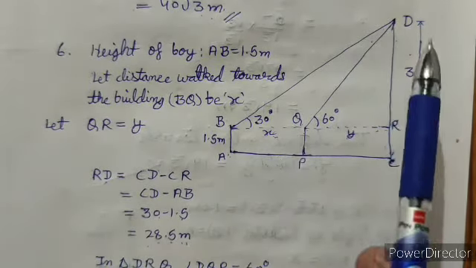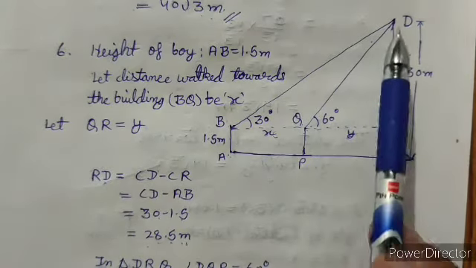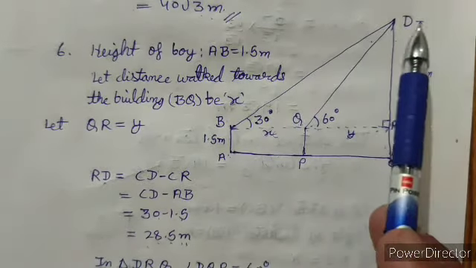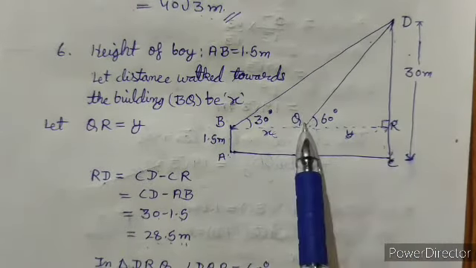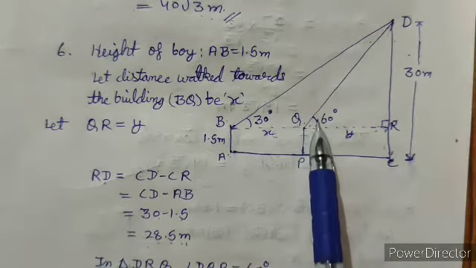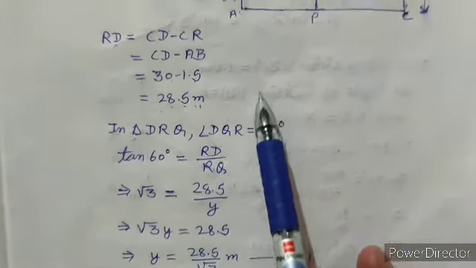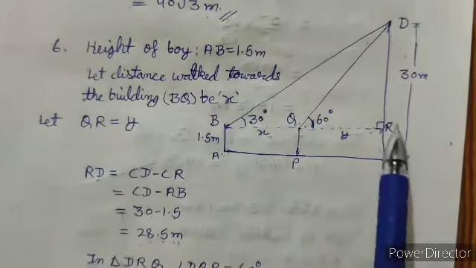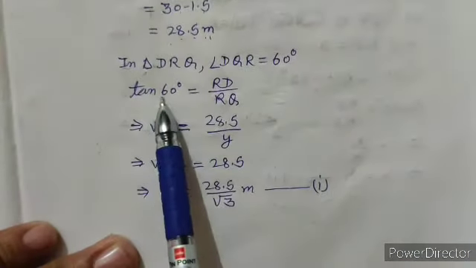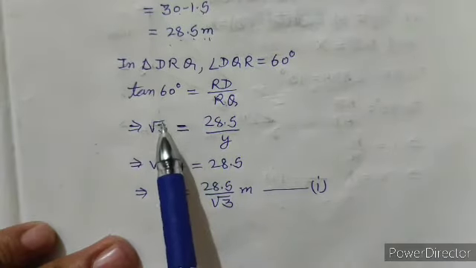Now there are two right angle triangles here. One is DRQ and another one is DRB. So as you see in DRQ, angle DQR is of 60 degree. So tan 60 will be equal to RD upon RQ, and the value of tan 60 is root 3.